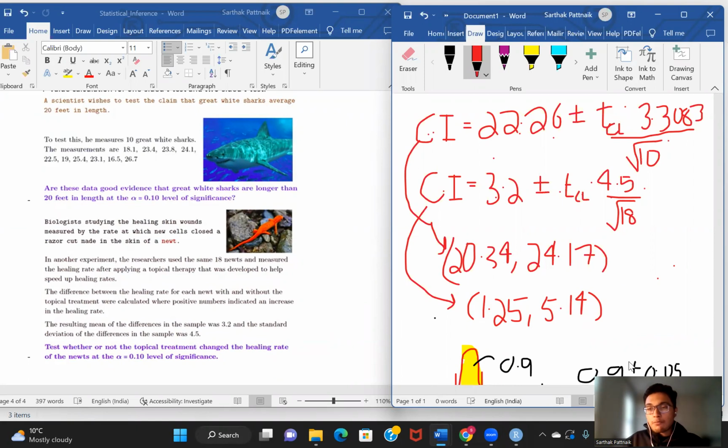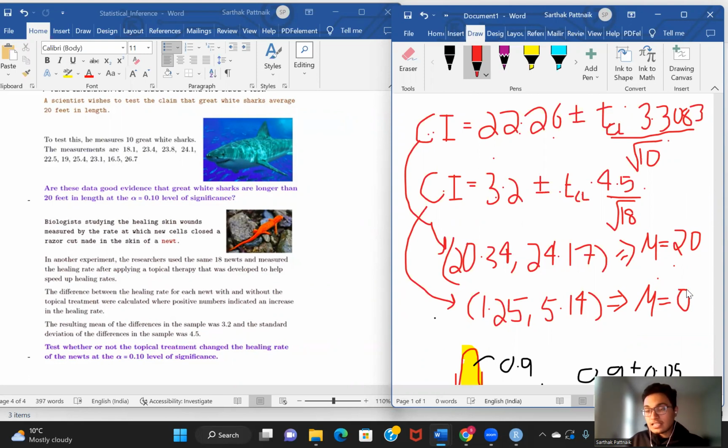Now, what was my null hypothesis for the first test? My null hypothesis was mu is equal to 20. And for this, my null hypothesis was mu is equal to 0.